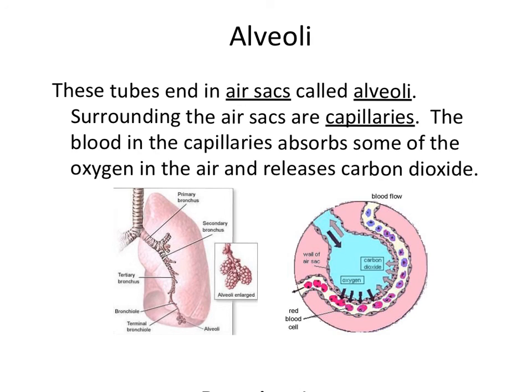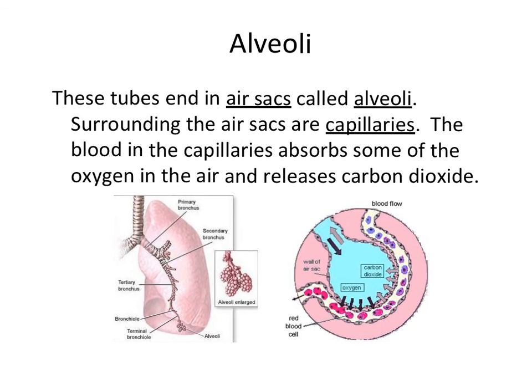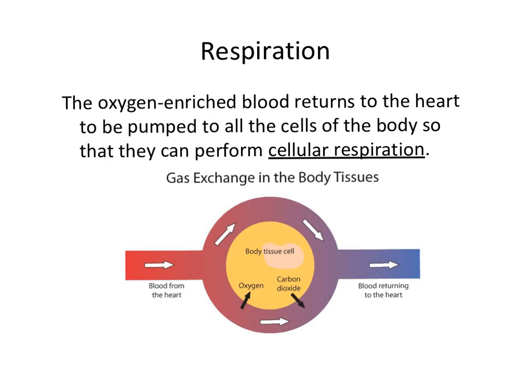The opposite of that is what happens at the tissues, where tissues are low concentration of oxygen, and so oxygen is going to jump off the red blood cells and go into tissues. Carbon dioxide will jump out of the tissues and into the bloodstream. If you recall from our circulatory system lesson, we had oxygenated blood going from the lungs, then to the heart.